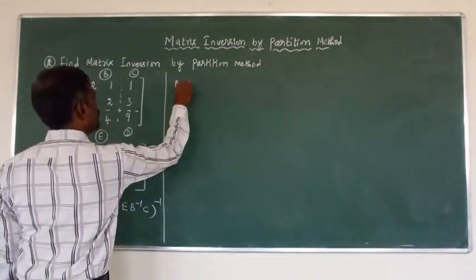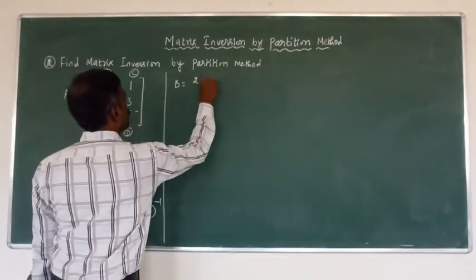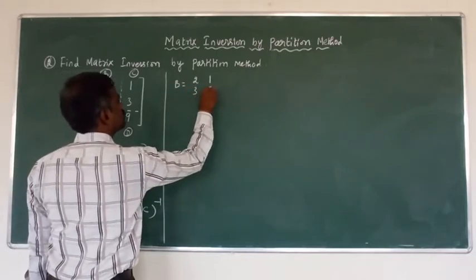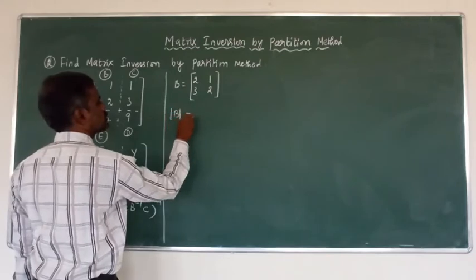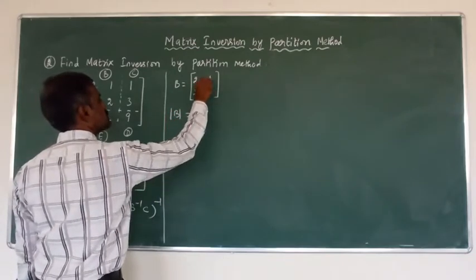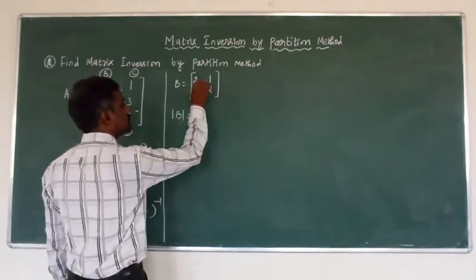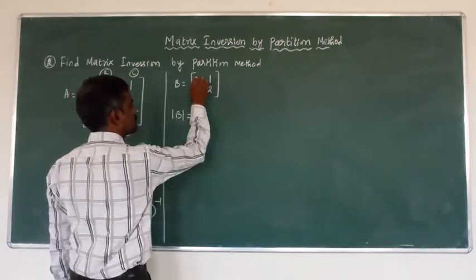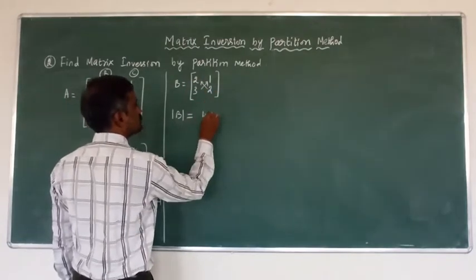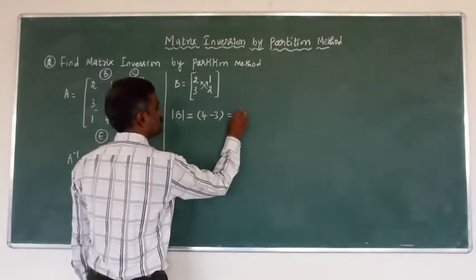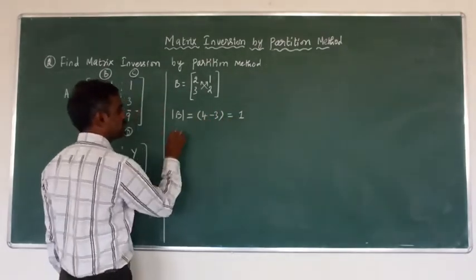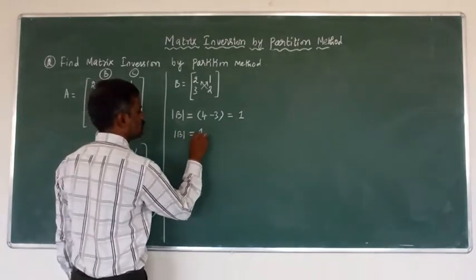For that, B equal to 2 1 3 2. First we have to find out the modulus of B. For the cross multiplication of these two, this is for 4 and this is for minus 3. Now result equal to 1. This is for B, modulus equal to 1.